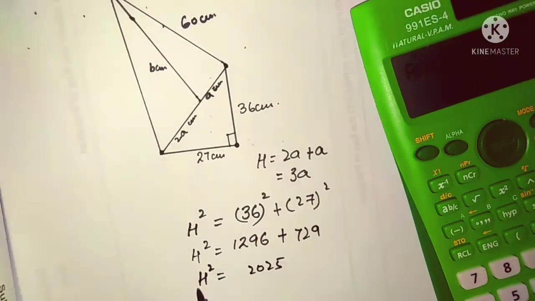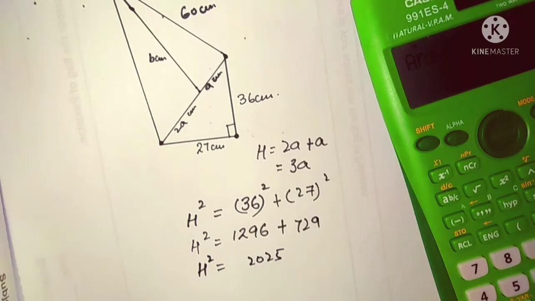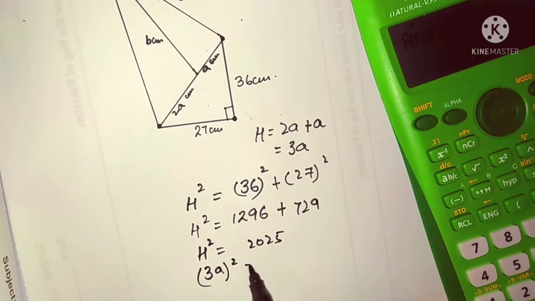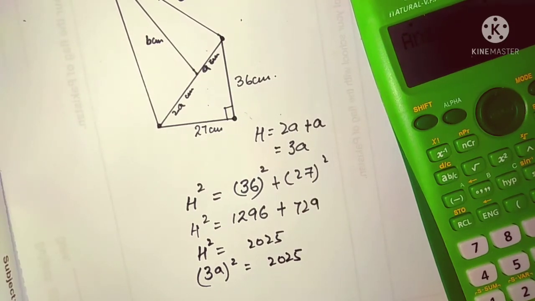As you can see, we have to find out the hypotenuse, and the hypotenuse is 3a. So I will write down 3a whole square is equal to 2025. Now I will take the square root on both sides to omit the square.